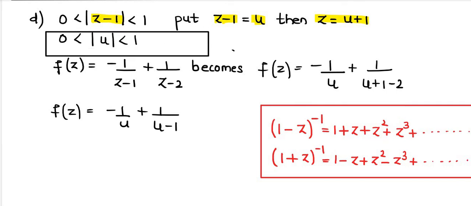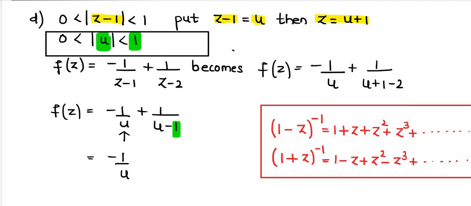Now in our first term we have a single term, so there is no expansion for this. In our second term we have two terms, u minus 1, so we are going to expand the second term. Now comparing u and 1 in our inequality, when you compare u and 1, 1 is bigger. So therefore we take 1 as a common factor from the second term.